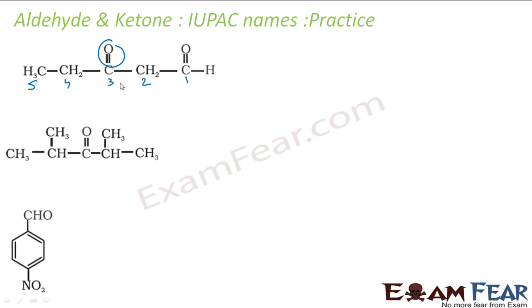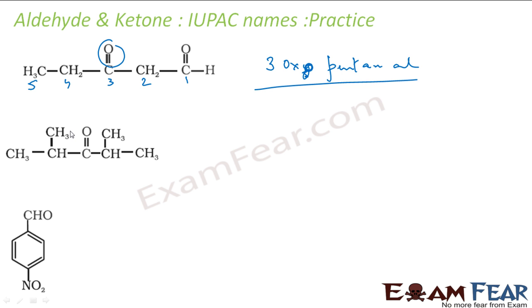I'll assume this guy is a substituent. It will be at 3 position, I have oxo, 3-oxo. Total is 5, pent. All single bond, ane. Aldehyde, 1-al. So it is 3-oxopentanal.